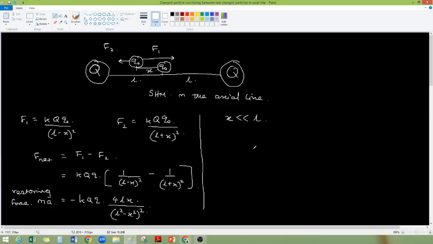So it will become a is equal to minus 1 by 4 pi epsilon naught, Q by, let me write it separately, 4L divided by L power 4, because x goes away, x squared is very small. So if I cancel this, I should be getting L cube here.